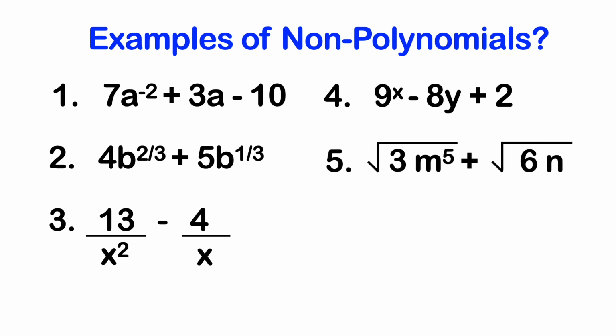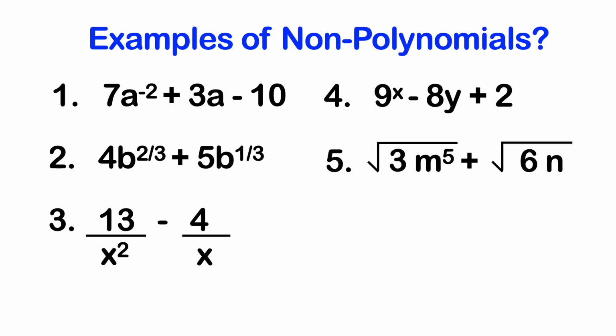Number 5, square root of 3 m raised to the fifth power plus square root of 6n to the first power or simply n. So, the variables should not be inside the radical symbol.